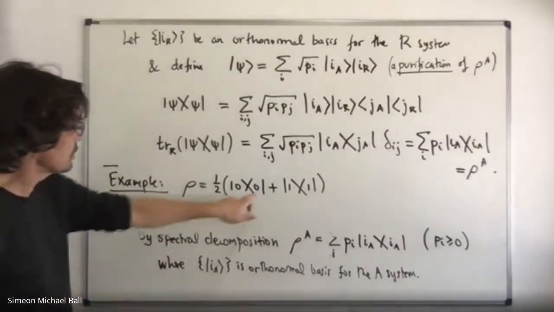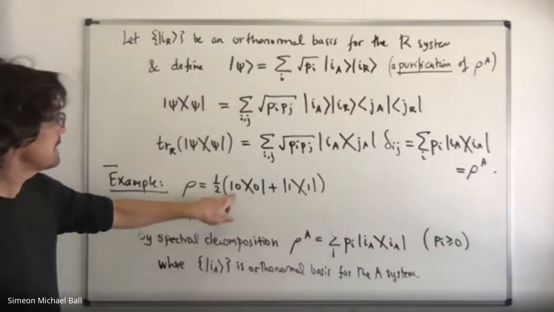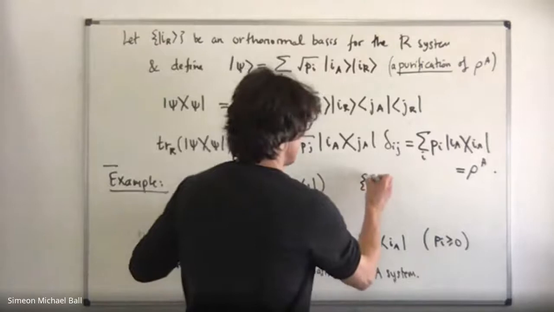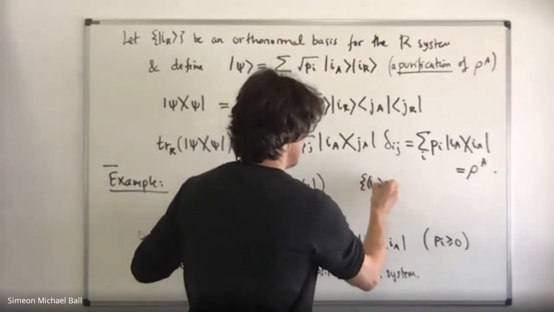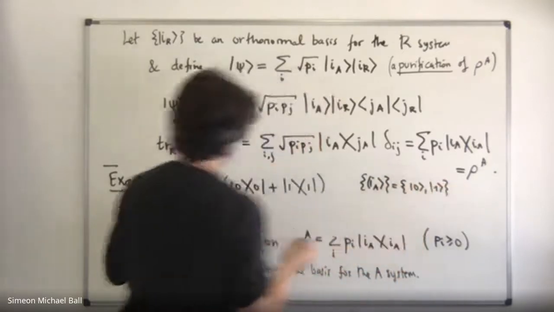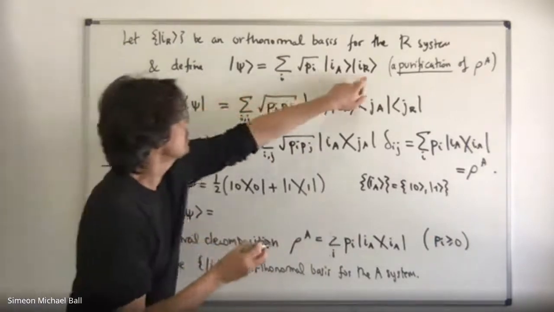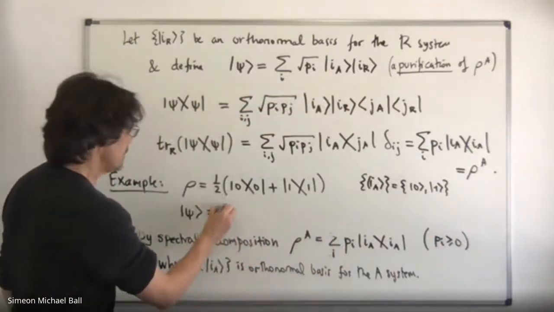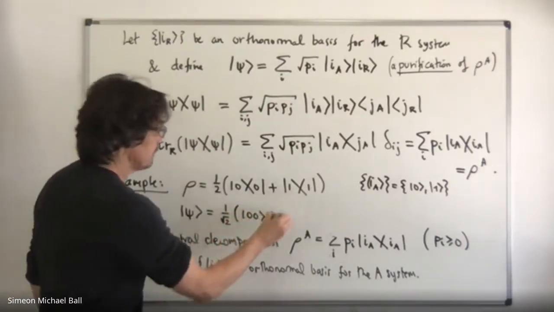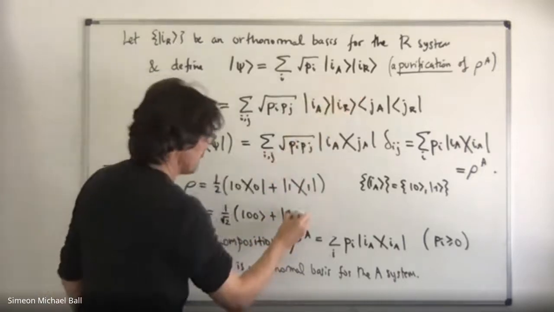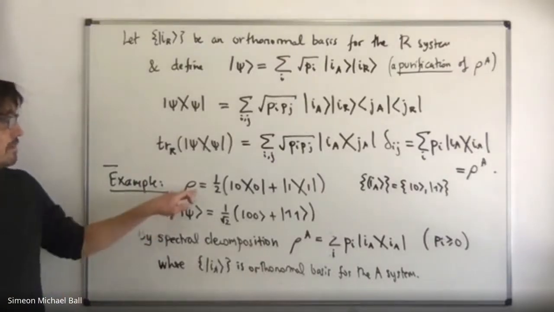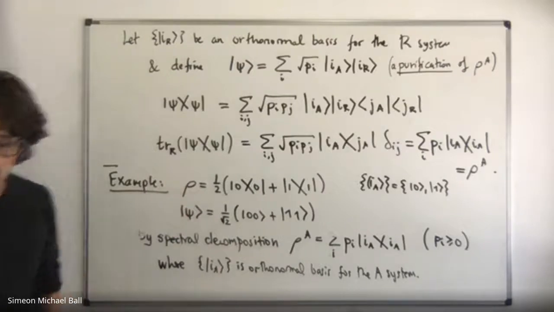So we don't have to do anything more than just look at the orthonormal basis here. The |i_A> is simply the basis 0, 1. So all I need to do is stick on the same thing on the next one: 1 over square root 2, that's the probability, of |00>, and then stick on the R basis afterwards, |11>. And so we get that the Bell state is a purification of this mixed state.